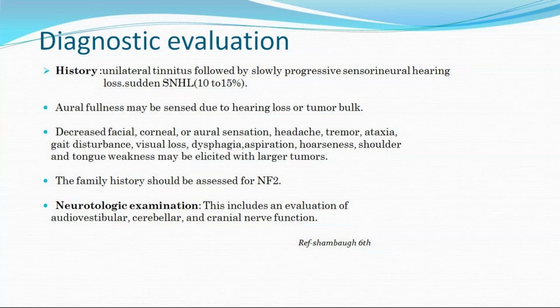And this will occur only when the tumor becomes giant, that is more than 4 centimeter in diameter. And in case of early presentation, you try to find out the family history of von Recklinghausen's disease. And neuro-otologic examination should be done, which includes evaluation of audiovestibular, cerebellar, and cranial nerve function.